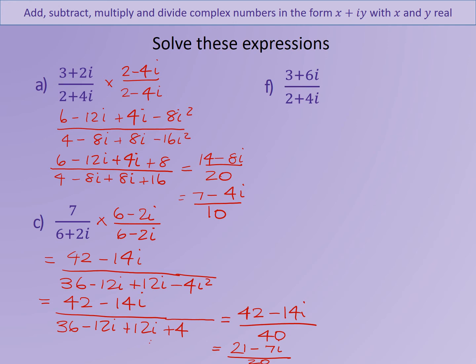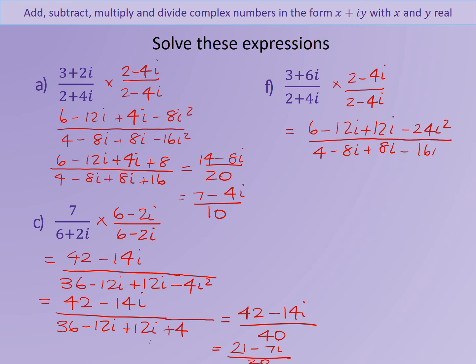And the final one, multiplying by 2 minus 4i over 2 minus 4i. So the numerators, 6 minus 12i plus 12i minus 24i squared all over 4 minus 8i plus 8i minus 16i squared.